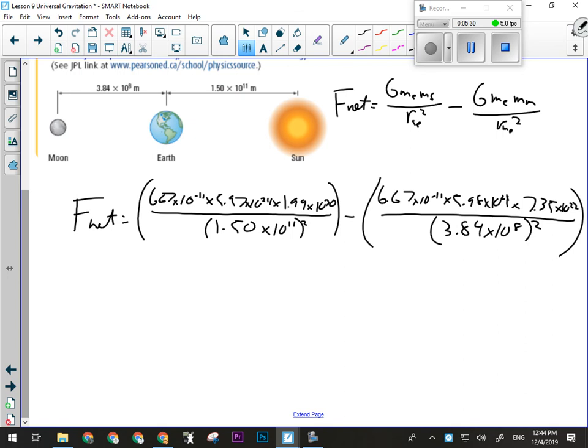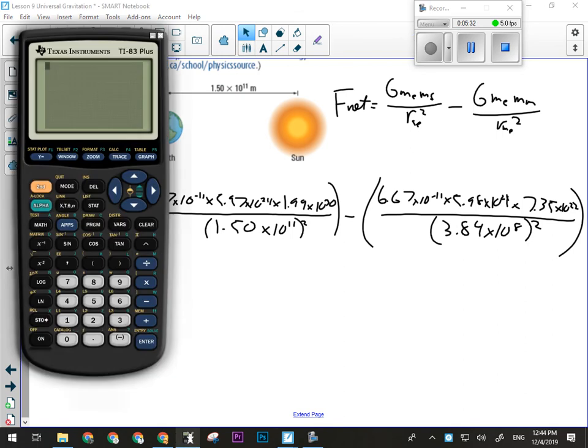I perform that operation and I'm going to get the net gravitational force acting on the Earth.